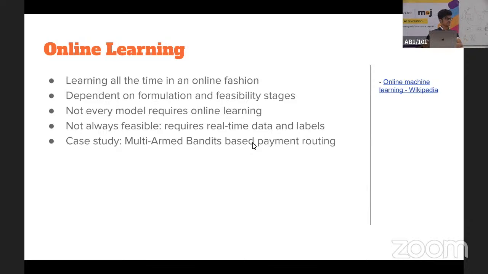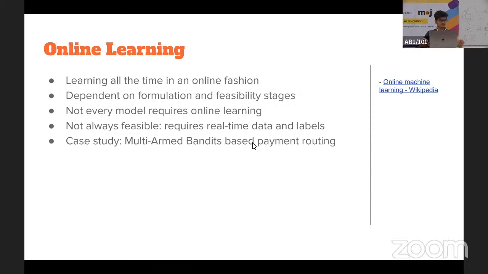So this happens online, right? Every 15 minutes you get data. There's a near real-time feature running which computes the distribution for the different payment gateways every 15 minutes, and the model works. So it's not exactly online learning, but it is very close to online learning. So that happens constantly. That's the one example.